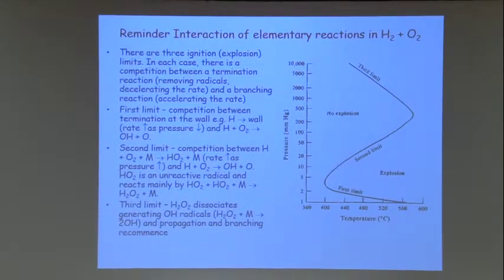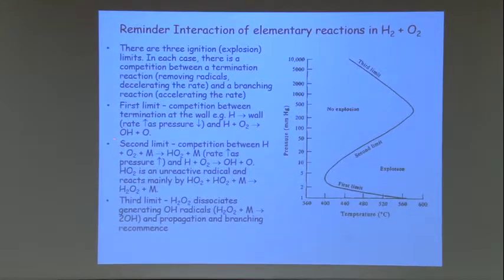But the reactions that are significant are things like these branching reactions, H plus O2 going to OH plus O. This, and the competition between that and this termination reaction, H plus O2 going to HO2. And reactions like HO2 plus HO2 generating hydrogen peroxide.